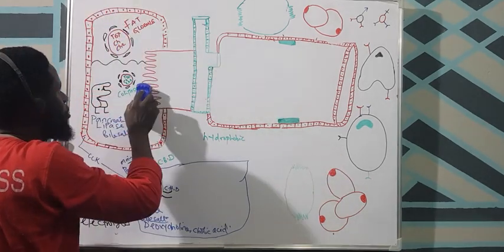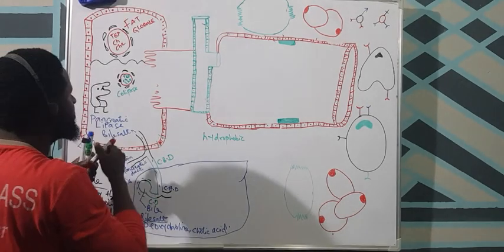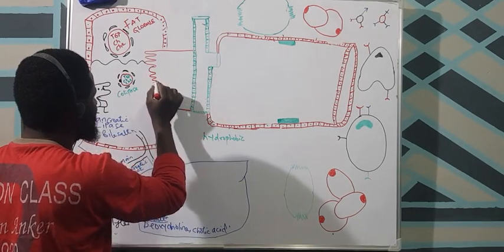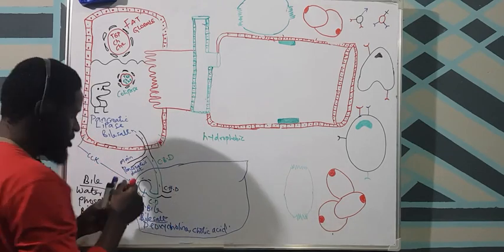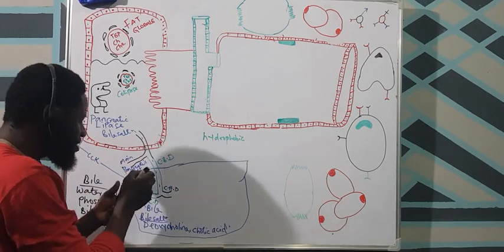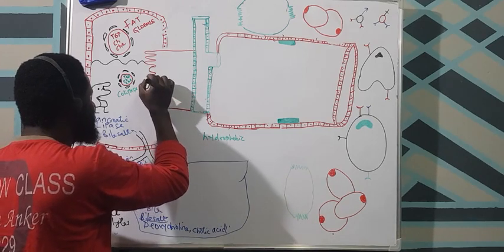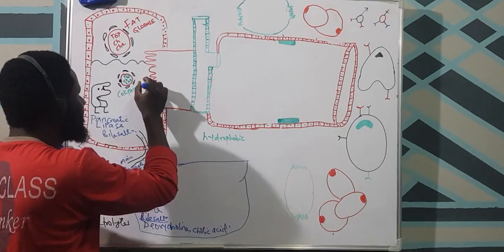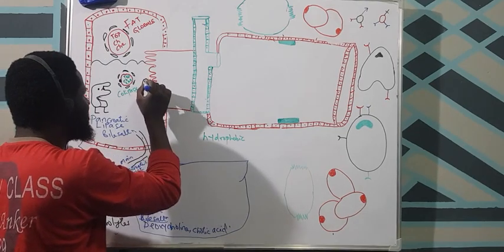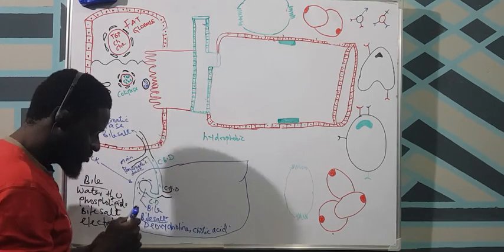So when it does so, it becomes smaller than this size. So we will have something smaller than this. So I still have my triglyceride, some cholesterol, and some cholesterol esters.